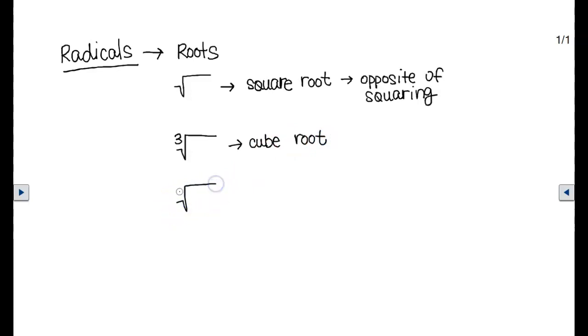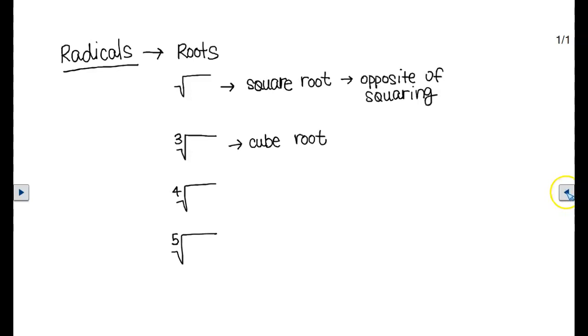And you can have fourth roots and fifth roots. A fourth root would be the opposite of raising something to the fourth power. A fifth root would be the opposite of raising something to the fifth power, and so on down the line. So when you take all of these roots together, they form the group of expressions in algebra that we call radicals. So square root, cube root, fourth root, fifth root, and so on down the line.